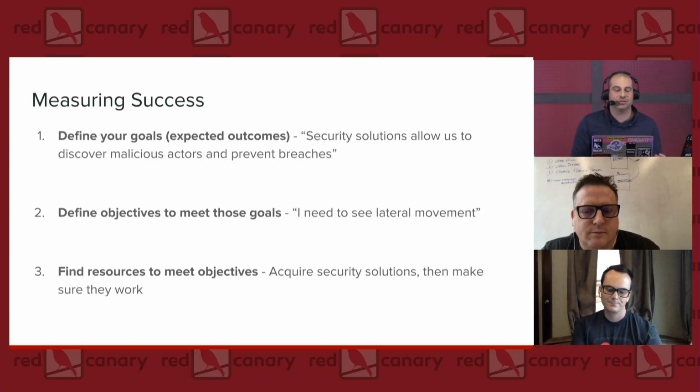Do your solutions allow you to discover malicious actors and or prevent breaches from happening? And that's really the question we're asking of our security solutions. I think probably many of us listening and all of us here today are kind of frightened as to what the answer is when we ask that question, because it's not always that great in terms of what our products are actually telling us. Are they telling us the right things?